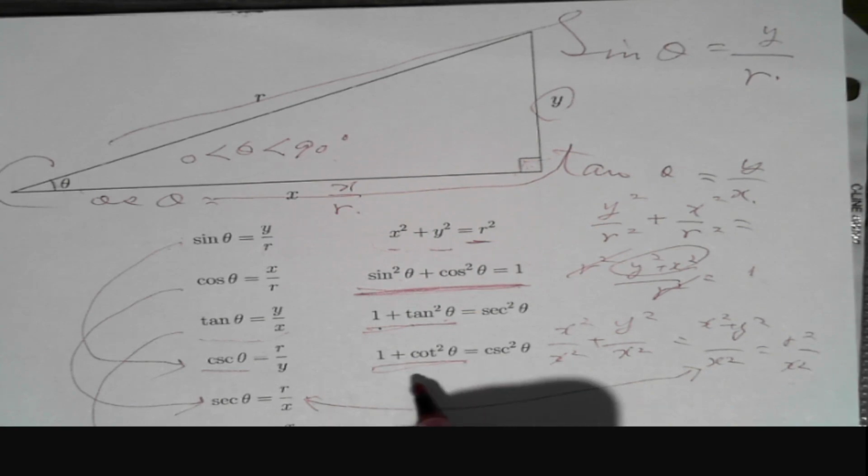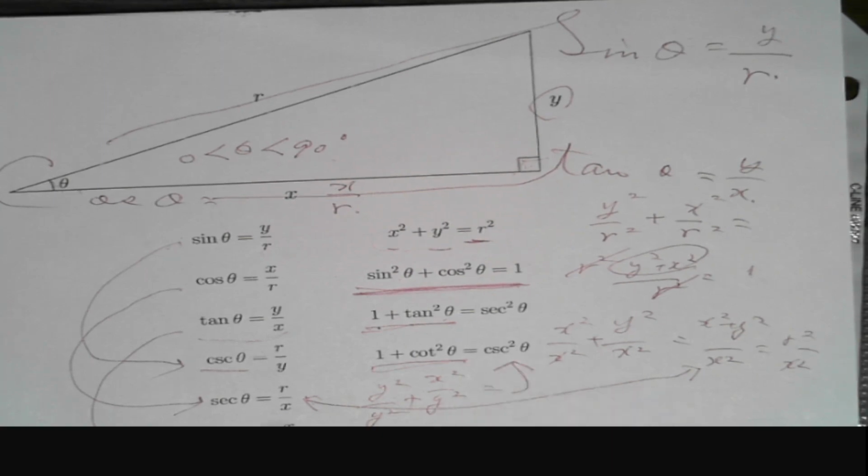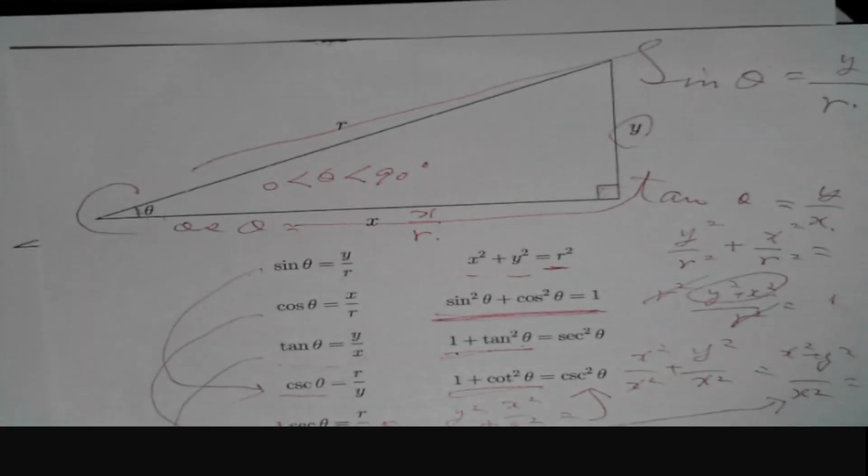So you make this x squared over y squared, and then use the common denominator y squared. So you add that, and then you can see this reduces to that. Okay? Very obvious. If you don't get this yet, stop the video and study one more time, and memorize these very, very important definitions of trigonometry.